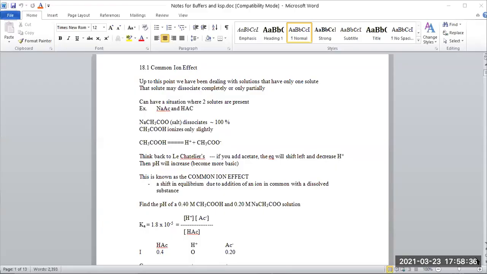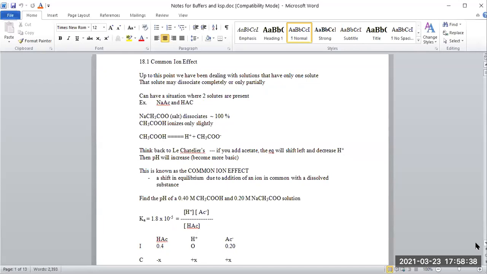All right. So what if you had sodium acetate, which is a salt, mixed with acetic acid? I actually didn't mean to make my C right there a capital. So sodium acetate, being a salt, dissociates pretty close to 100%.